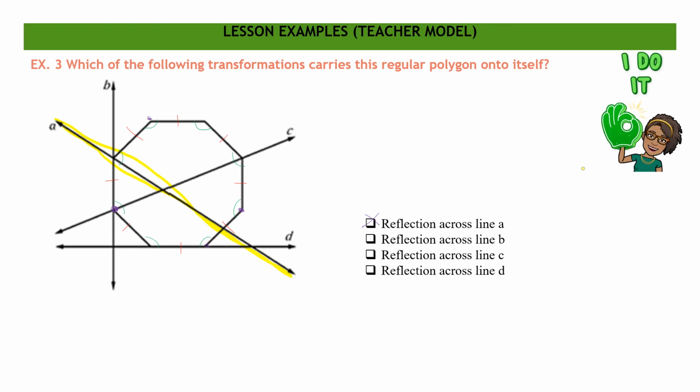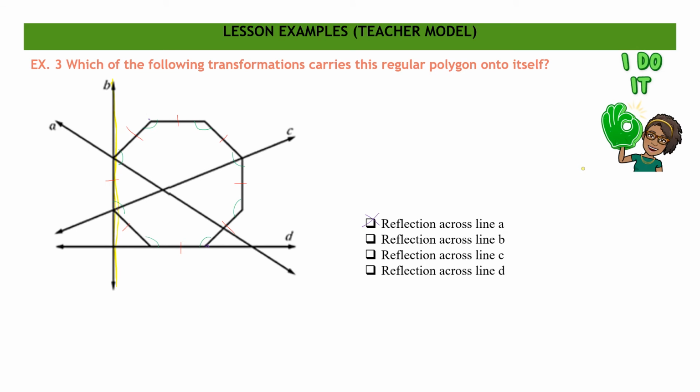Okay. Let's look at B. So B is this line here. Let's highlight. B is this line here. I'm going to highlight that in yellow.